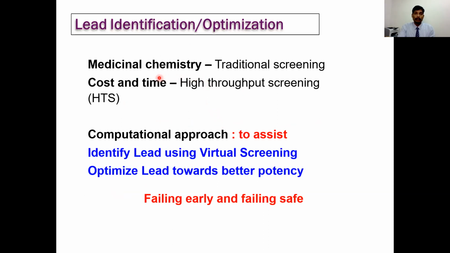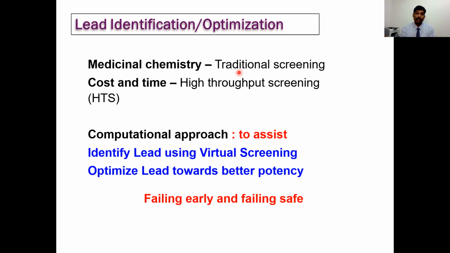In medicinal chemistry, traditional screening was like this: we don't know actually what the target is and what the drug is. Just take the extract, maybe a plant extract or animal extract or any other natural composition, and give it to the patient.